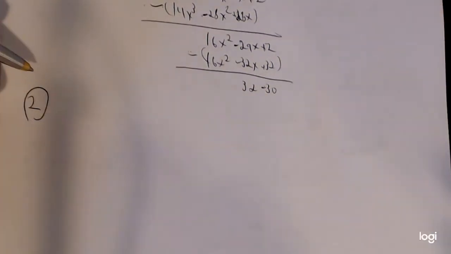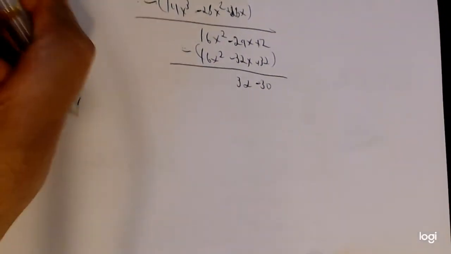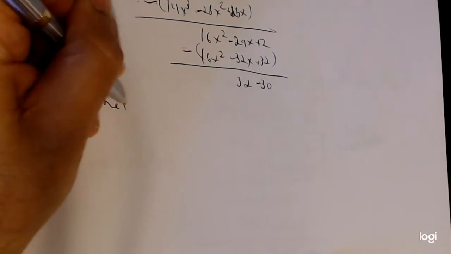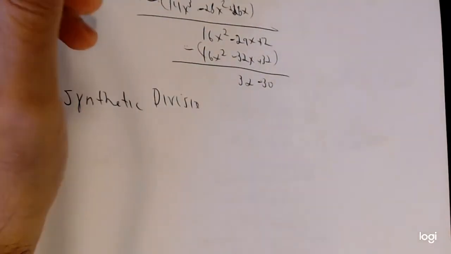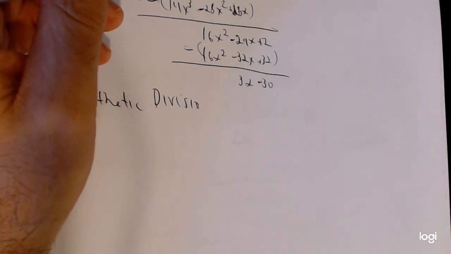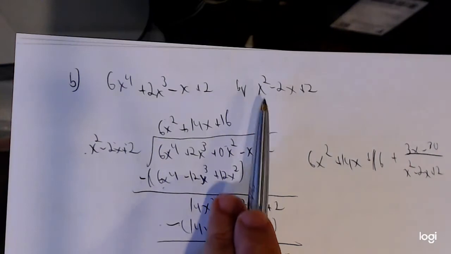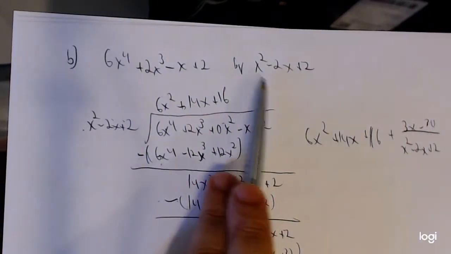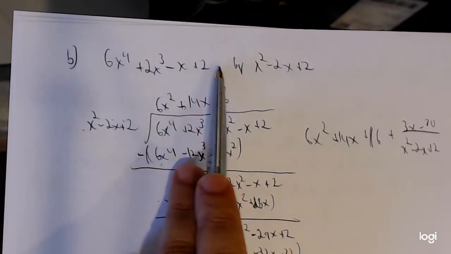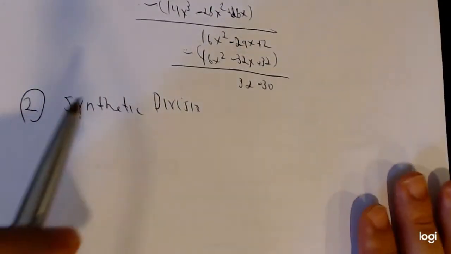Now, the second approach is by using synthetic division. I'm sure you've seen it last year also. This only applies to dividing by binomials. So if you think about it, in part B, since we're dividing by a trinomial, I cannot use synthetic division on this, so I would have to use long division. But if it's a binomial, then I can.